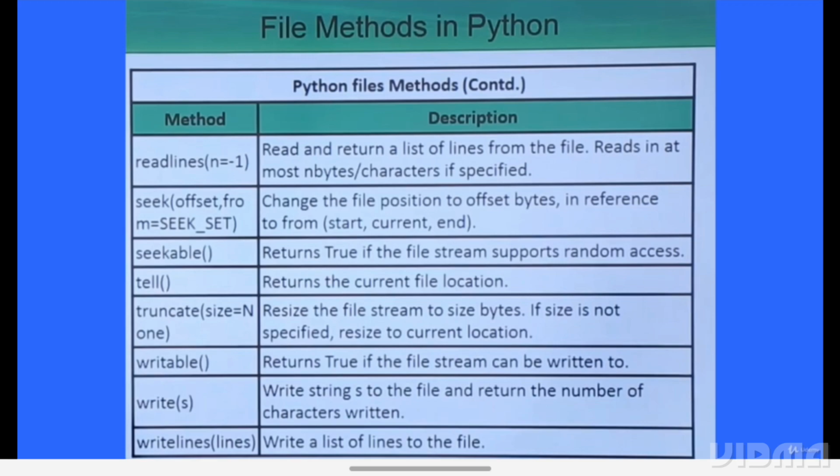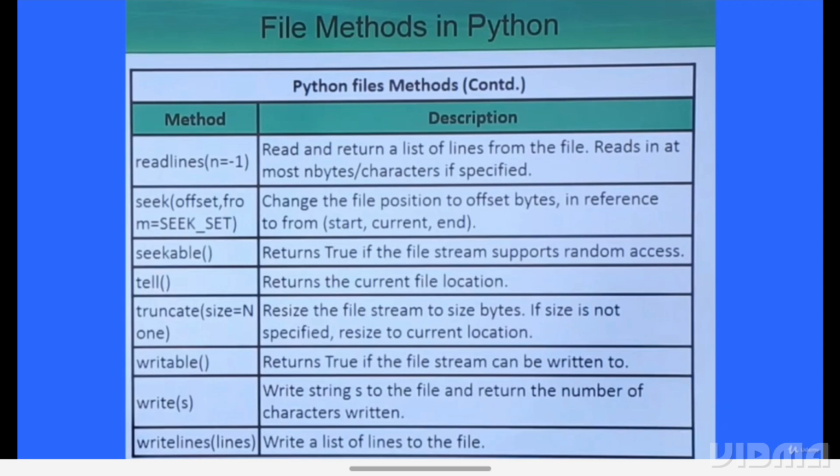It changes the file position to offset bytes in reference to from. There is a start, current and end. So the file pointer will have some movement, some progress, depending upon the parameters we have passed. Next one is seekable, which returns true if the file stream supports random access. If we can go for random accessing of the file content, it returns true, so it returns a boolean.